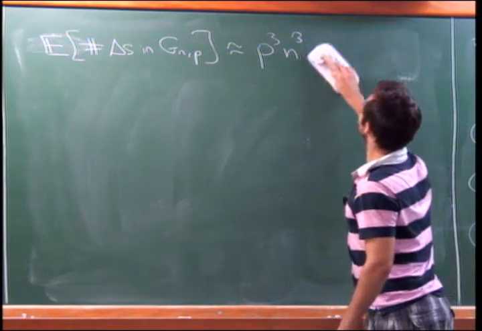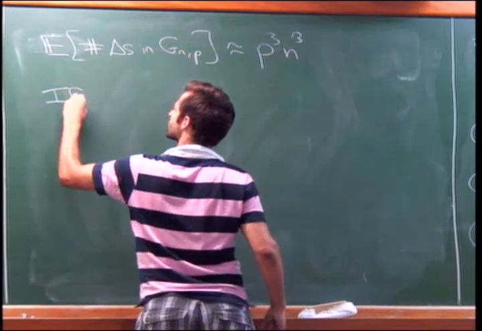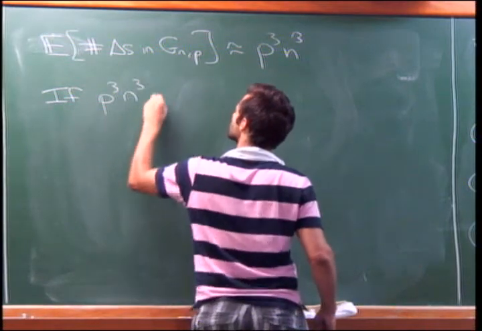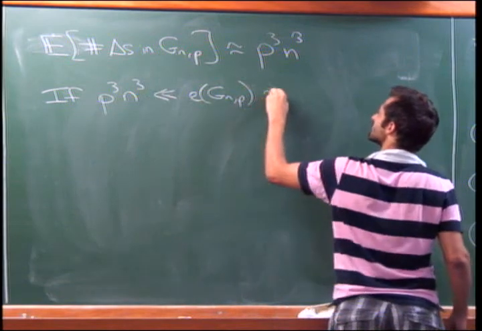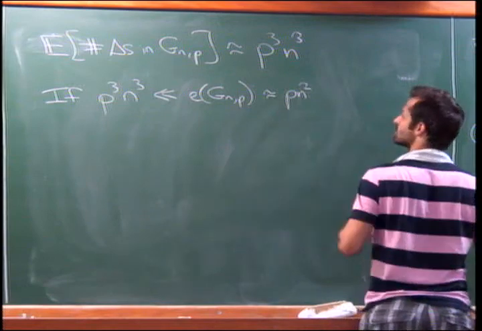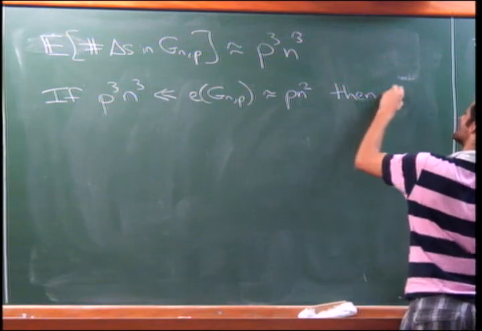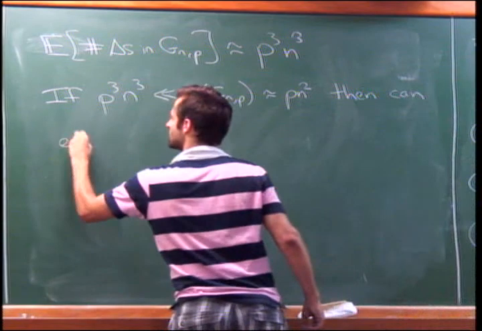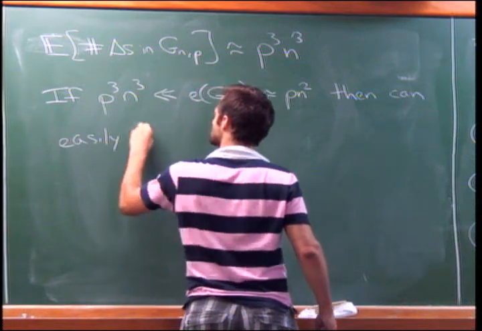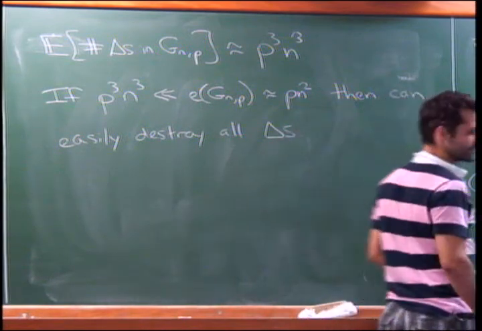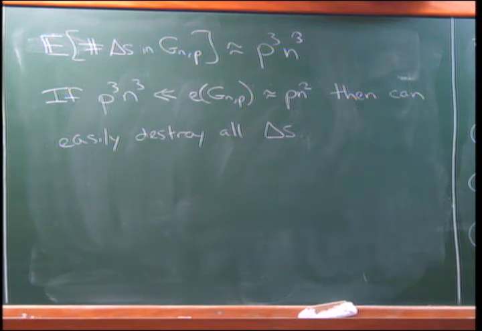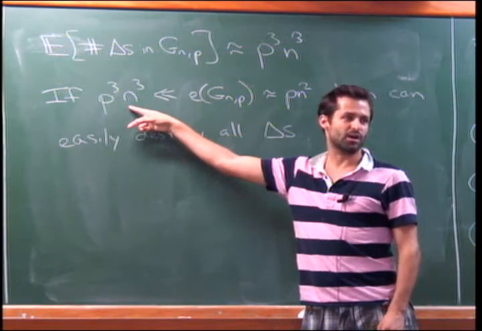So if p cubed n cubed is much smaller than the number of edges of G(n,p), which is basically p n squared, then we can easily destroy all triangles. Just look at every triangle, pick an edge of it, and throw it away. You only have to do that about p cubed n cubed times.